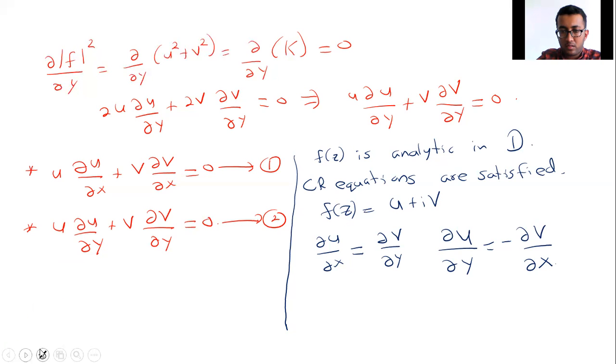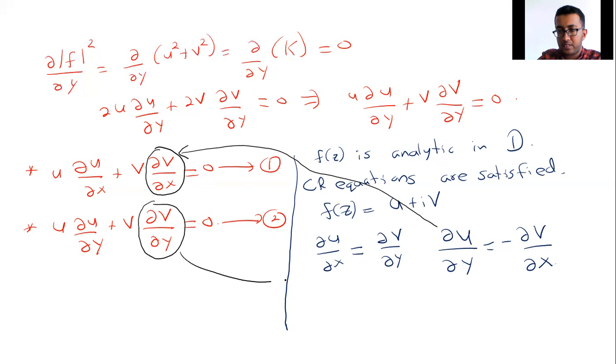I know that ∂v/∂x is minus ∂u/∂y. So I will insert minus ∂u/∂y here, and for this term, I am going to insert ∂u/∂x.